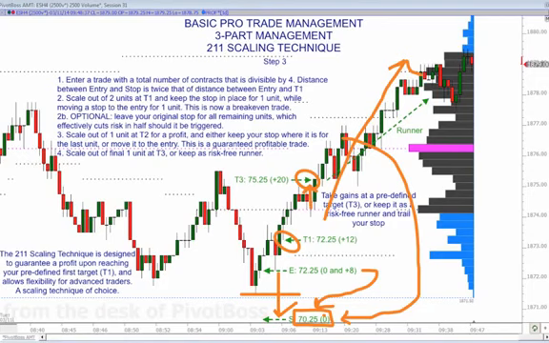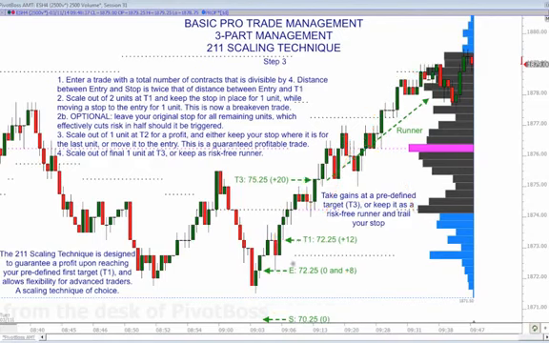You'll learn how to do various things so that you add to your entries. For example, this right here would be very, very annoying if you got long, got your scale up here, and then price came back and nicked you right on the end. So an advanced approach is when price comes up and you take that scale, if it's a +1 unit or a +2 unit, whatever it may be, when price comes back, add it back at the entry.